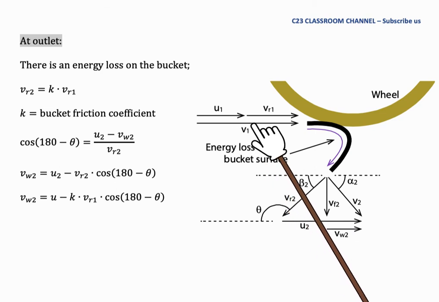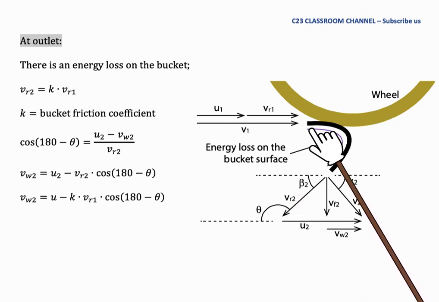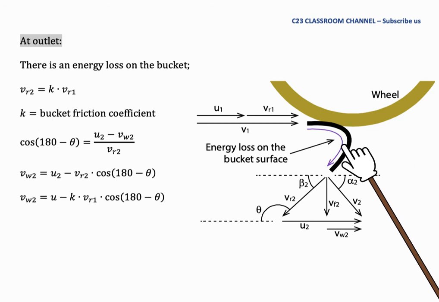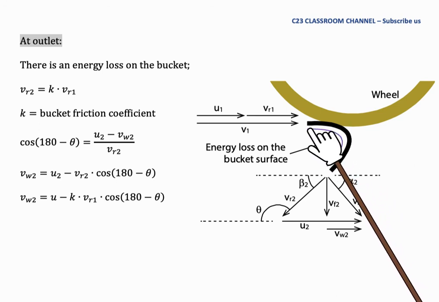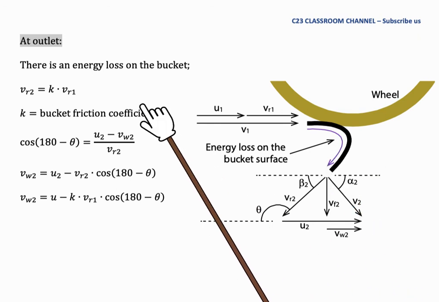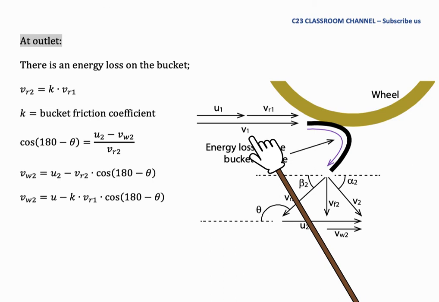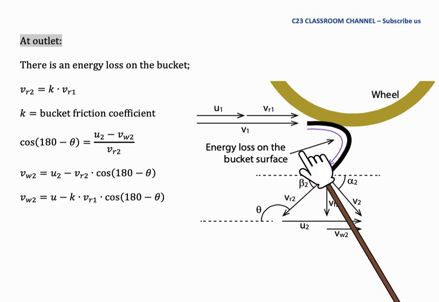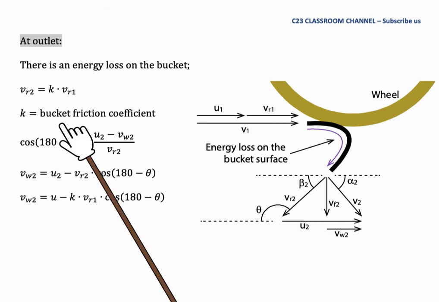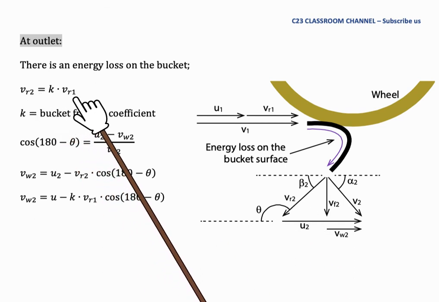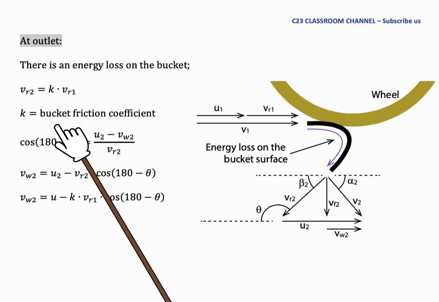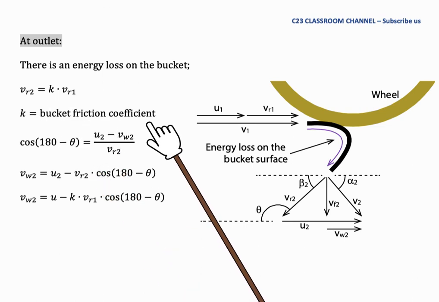Because the velocity of the jet flows on the surface of this blade, energy losses occur on the bucket surface. Then we could write an equation comparing VR1 and VR2 as VR2 equals K times VR1, where K is the bucket friction coefficient.